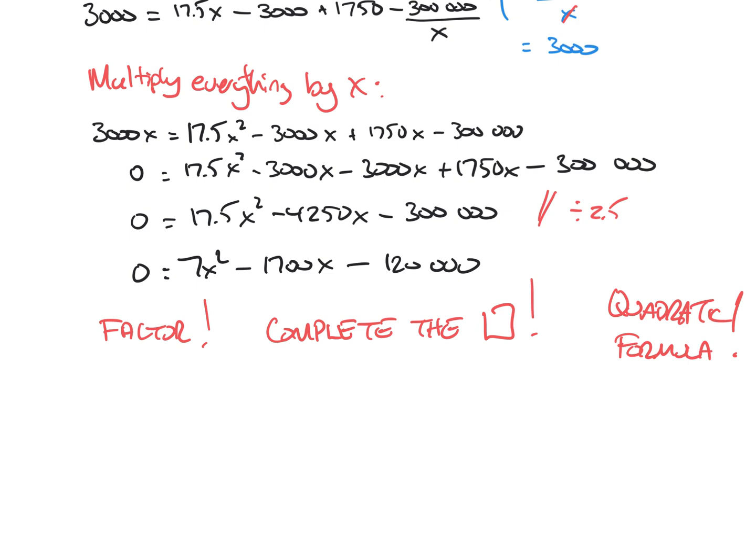And you might forget how to factor sometimes. So the quadratic formula will always work for you. Completing the square will always work for you, but it's a little bit more aggravating than the quadratic formula. And factoring is wicked and it's awesome and it works if you can factor it.